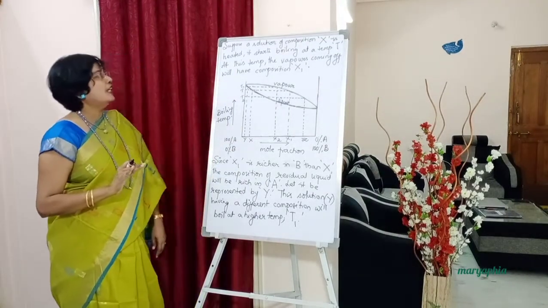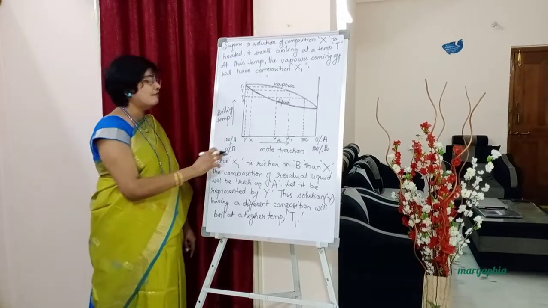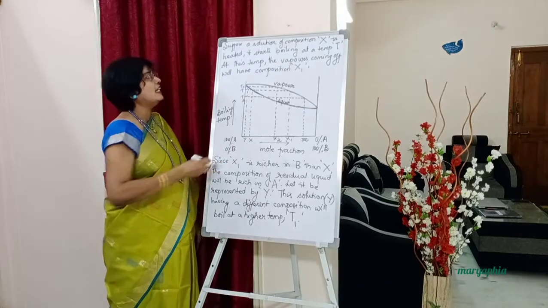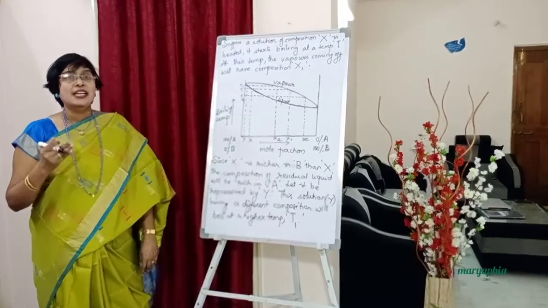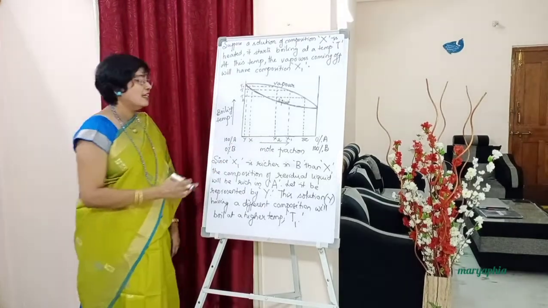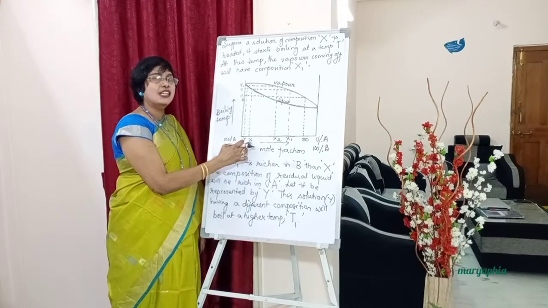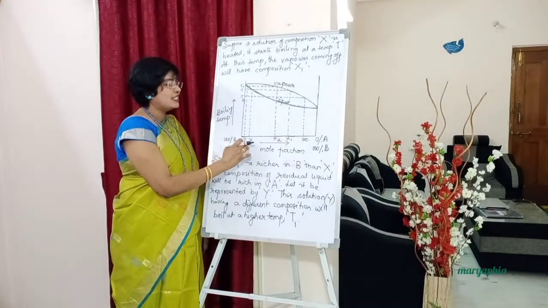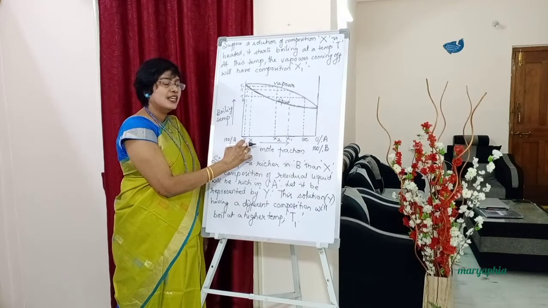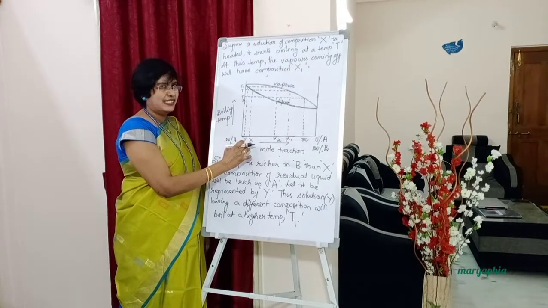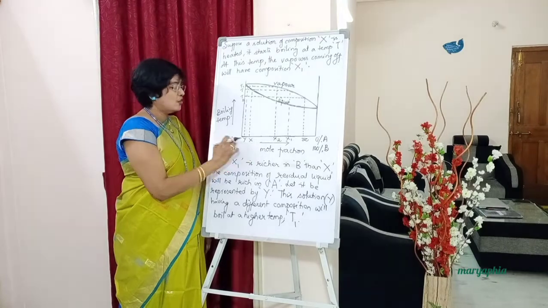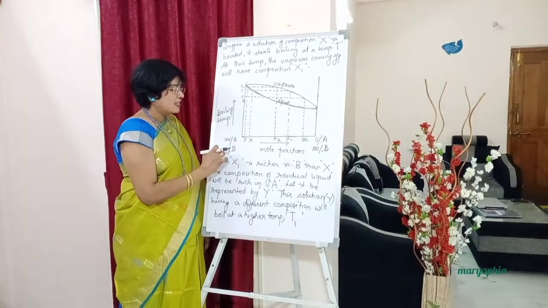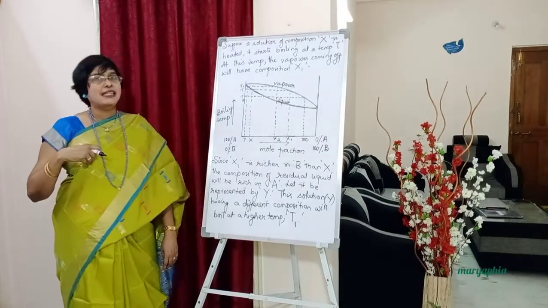So we are taking a solution of composition X. At this stage we are trying to heat the solution having composition X. We did not start here; we started heating the solution having composition X. So 100% has now become 90%, and 0% might have become 10%.